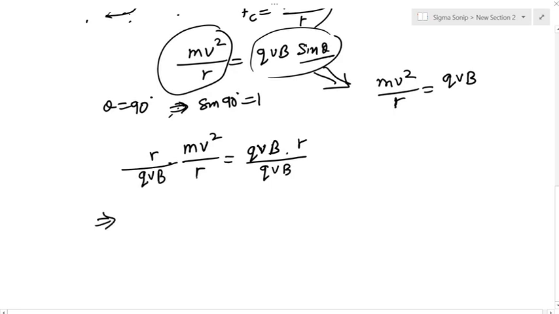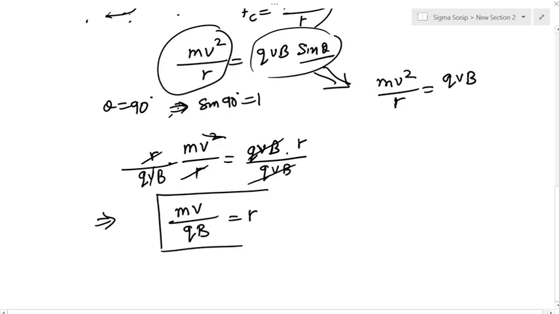That equation will give me, r cancels with r, and on the left hand side I am left with mv over qB. On the right hand side, I'm left with r. This is a really important expression, and it gives us the radius of a charged particle when it is moving in a magnetic field.